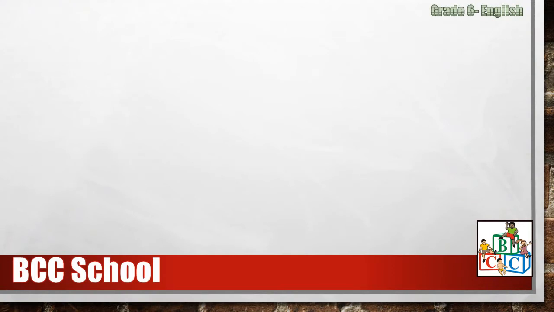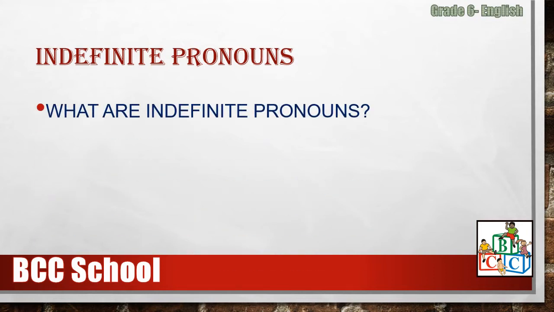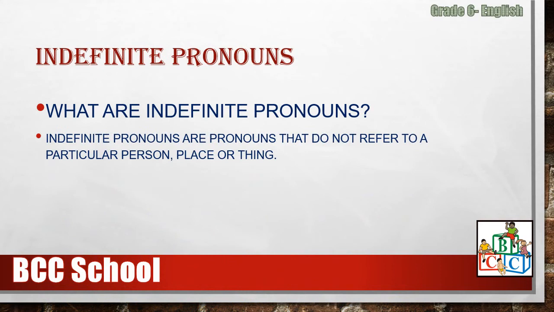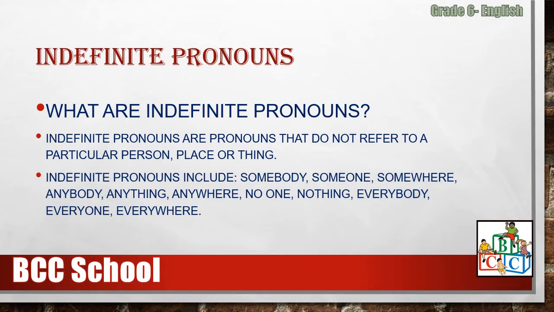Let us study some grammar for today. We will study indefinite pronouns. What are indefinite pronouns? These are pronouns that do not refer to a particular person, place, or thing.